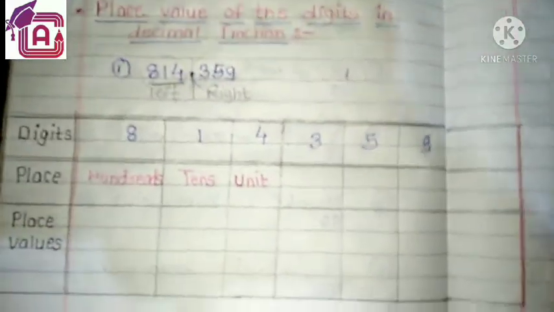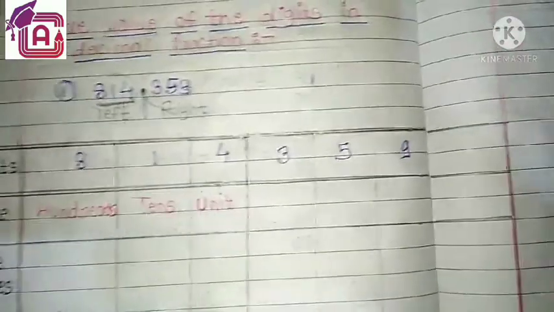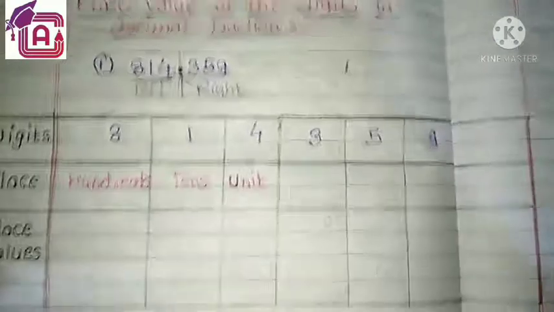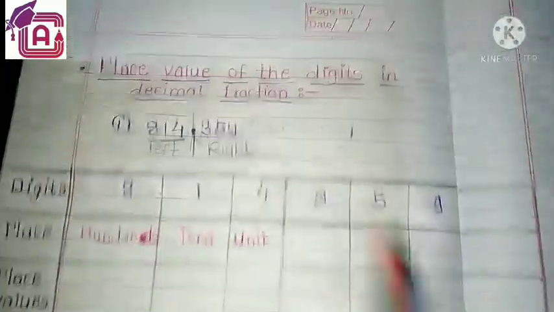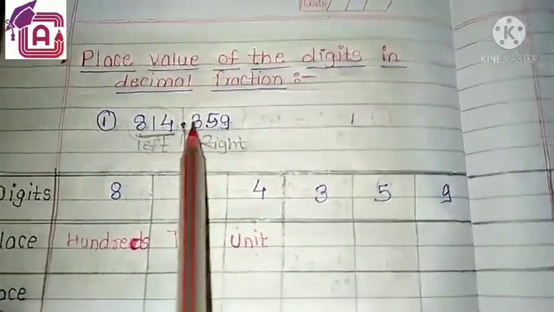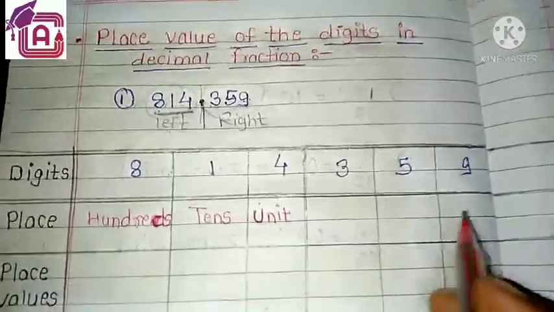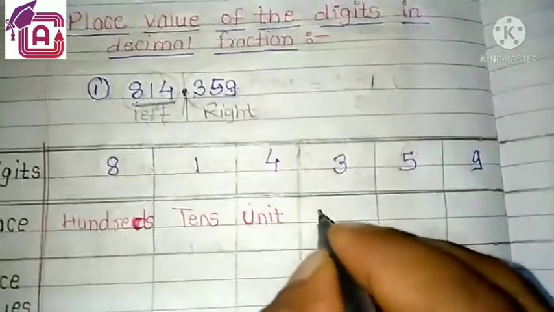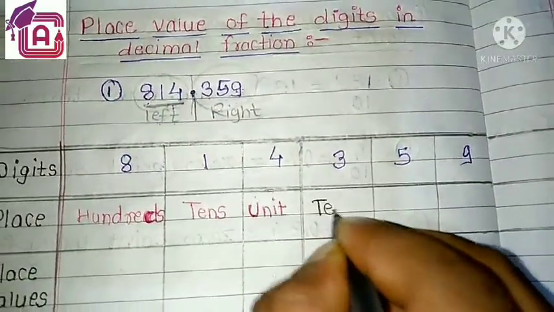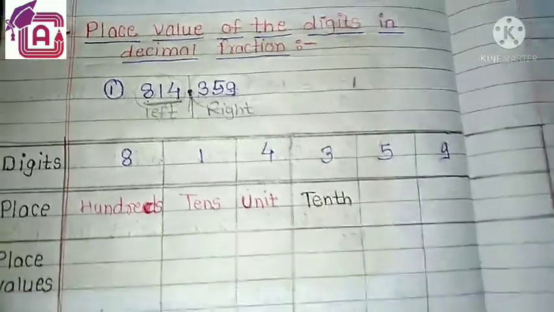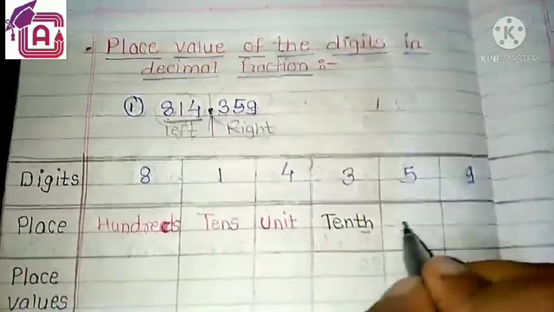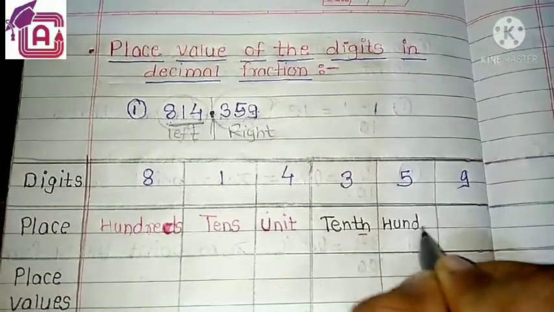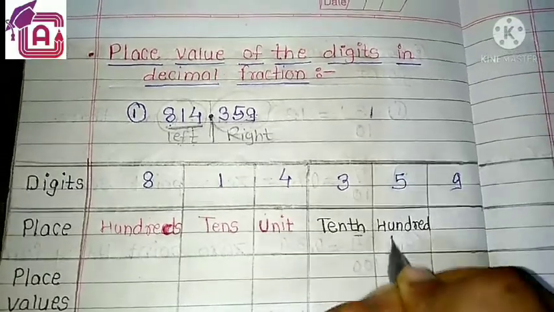Now these places are very normal places. Hundreds place. Now on the right side of the decimal point, the first place is the tenths place. Then the second place is the hundredths place, I am writing 100th on this side.